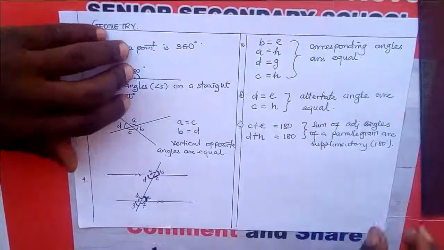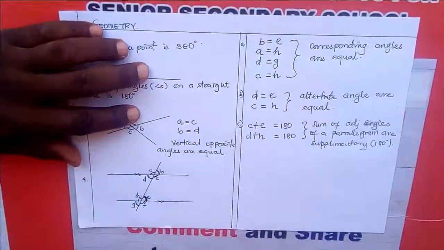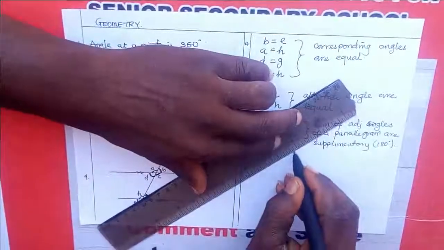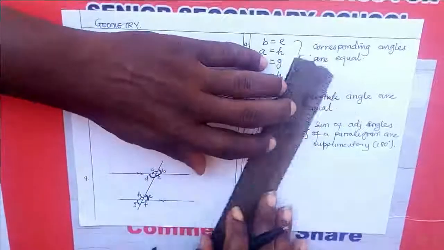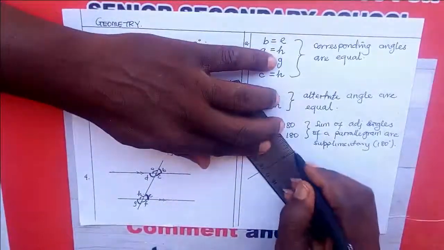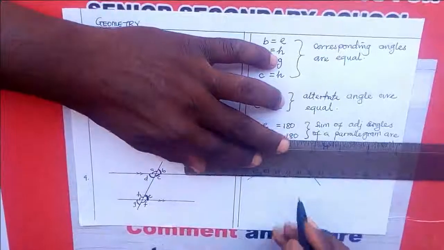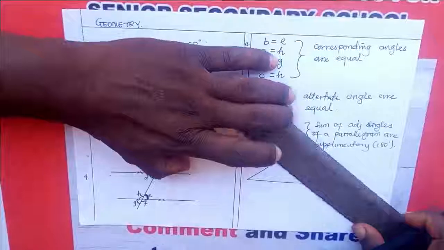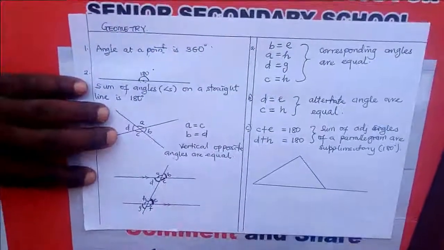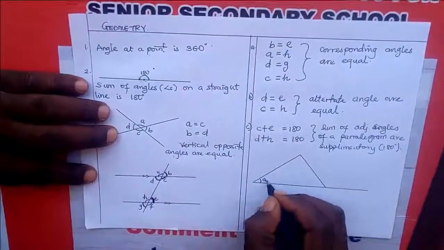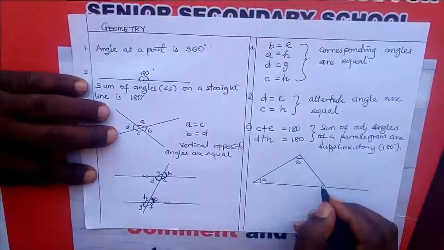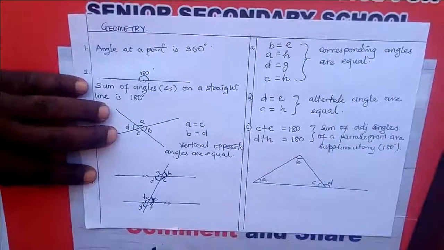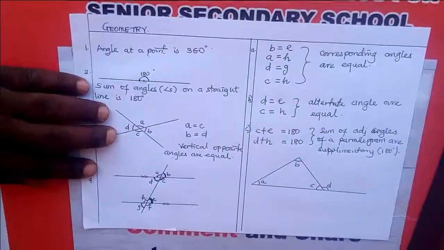Then the next one we are going to consider has to do with triangles. If we have a triangle drawn like this, and we call the angles A, B, C, and D, we can bring out two theorems from here.